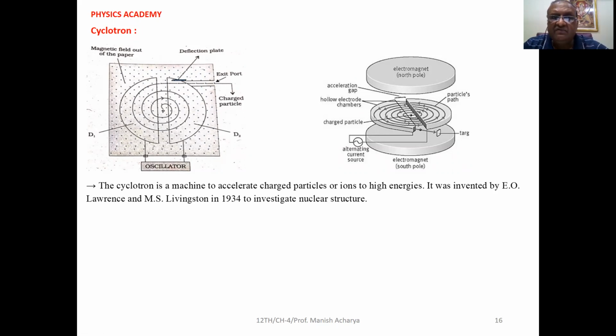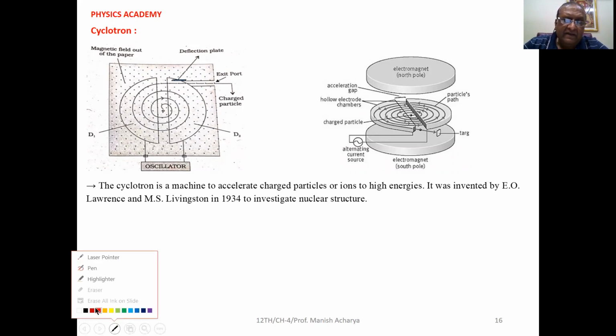So now see here what happens when this charged particle starts circular motion in the magnetic field. See, from this position it starts, and suppose it reaches here.